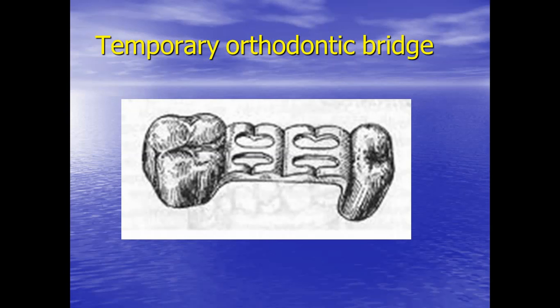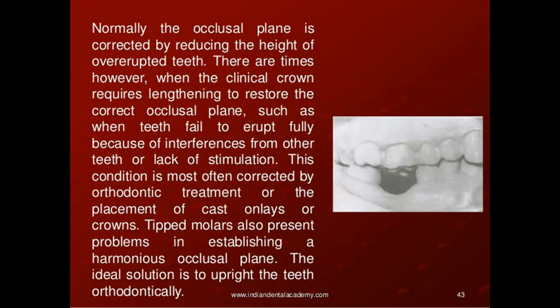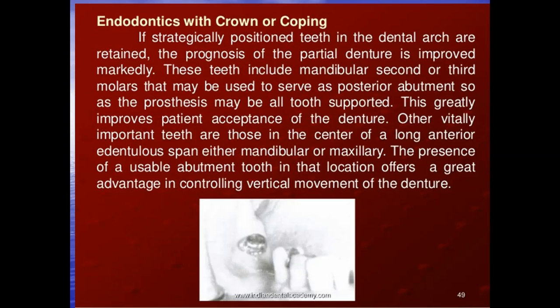So finally, when we finished our treatment and the displaced tooth is now in proper position, we can take off the temporary orthodontic bridge and make a permanent bridge which will contact the tooth now in proper position. Okay, this is about preparation.